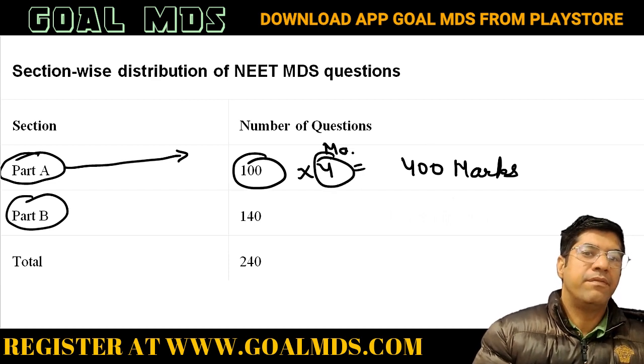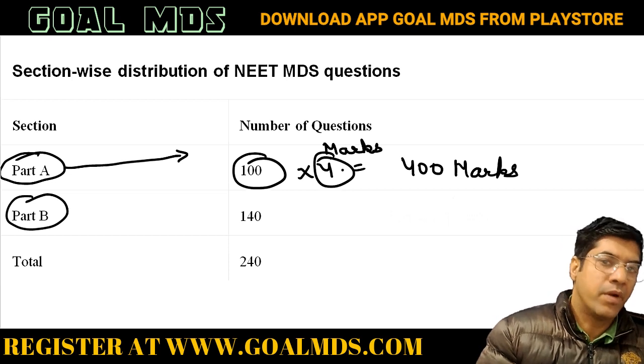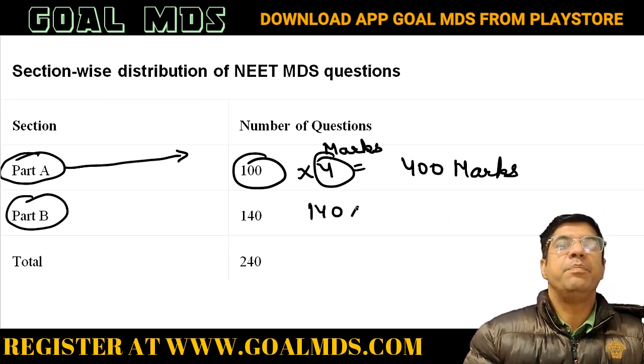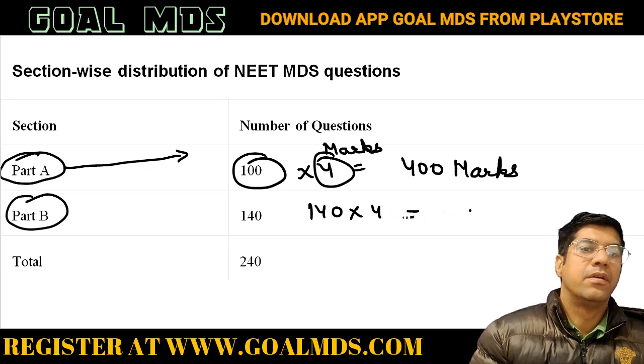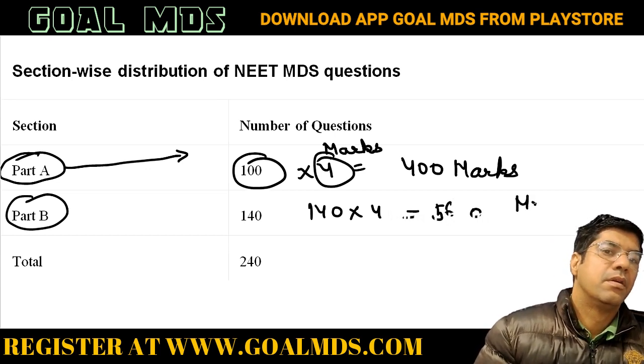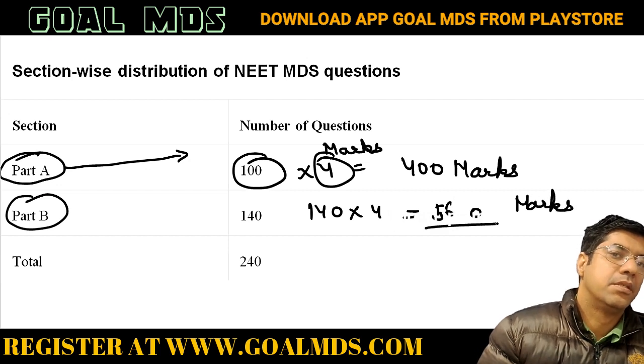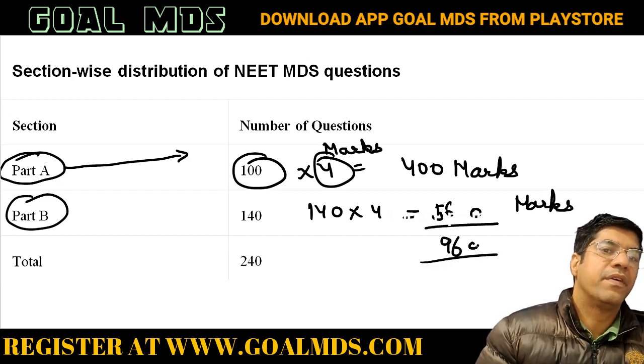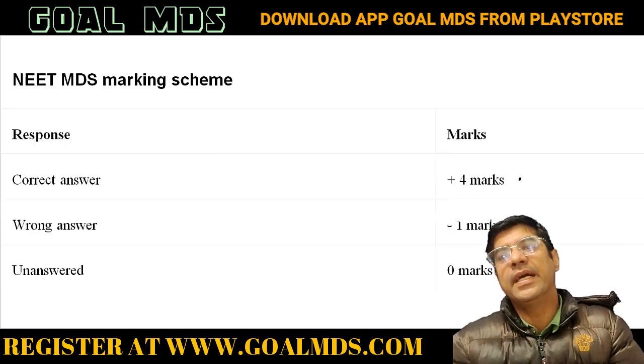Each question carries 4 marks, and section A is of 400 marks, and section B is of 560 marks. So a total of 960 marks. So this is the scoring criteria.